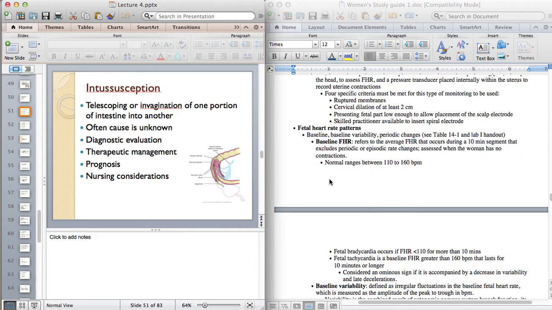But if that loop is tight and there is a possibility that gangrene of that intestine is occurring, surgical removal is the only option because you need to release that. Otherwise, the loop that went in will stay there because now there is no blood supply, and that loop can decay.